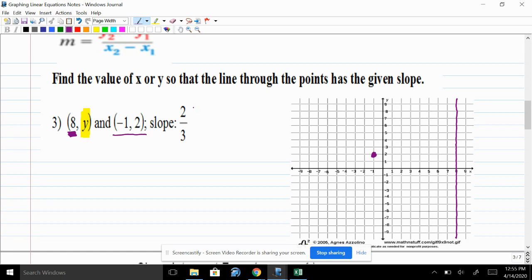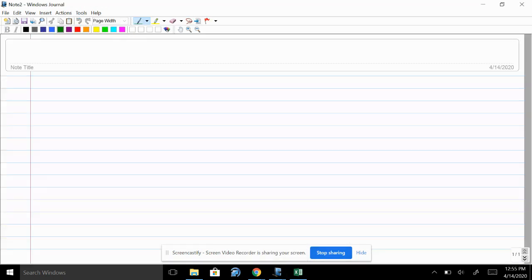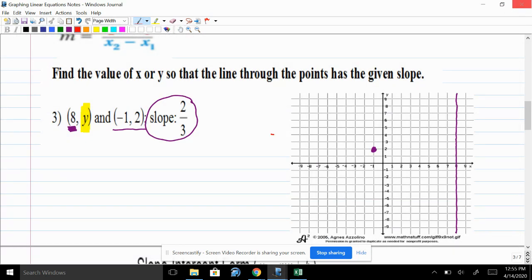Now, the slope is 2 over 3. So if I'm using a graph, from that point that I already have, I can rise 2 and run 3 until I hit that purple line.